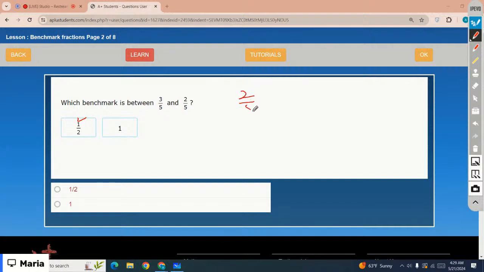Why? Because 2 by 5 is less than half, but 3 by 5 is greater than half. That means 1 by 2 is between 2 by 5 and 3 by 5. The correct option is the one with half.